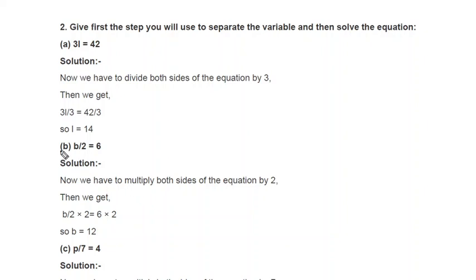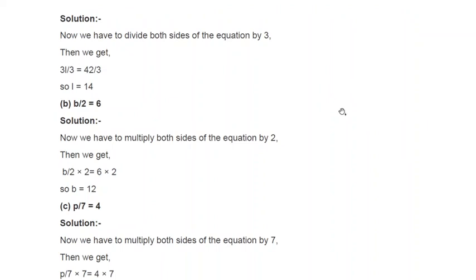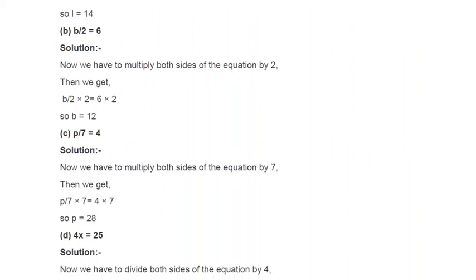Similarly, question number B we will try, because it is a little different. Here b divided by 2 equal to 6, you can write it like this. So which problem is there for us? Divided by 2. If we multiply by 2 on both sides, then our problem will be solved, the 2 will be cancelled, only b will be there.